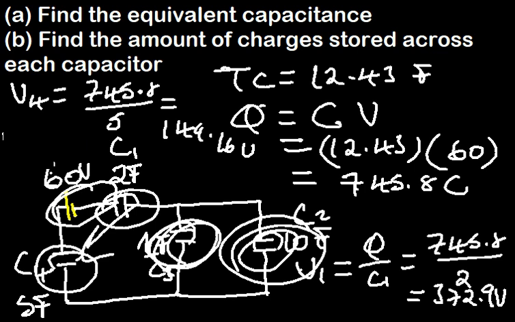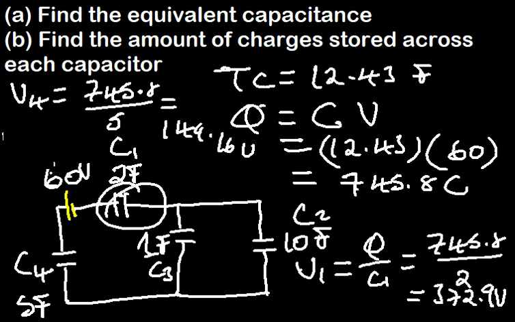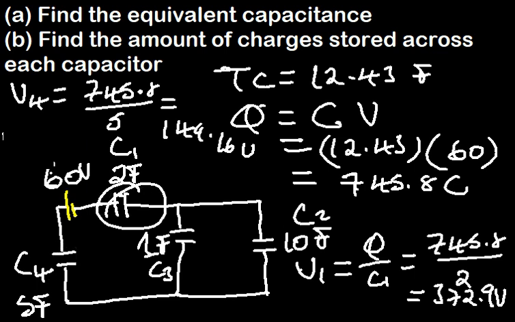So we are calculating the voltage across here and also across here because we know that these capacitors are connected in series with the battery. We know the principle behind the series circuit, that the voltage is shared.